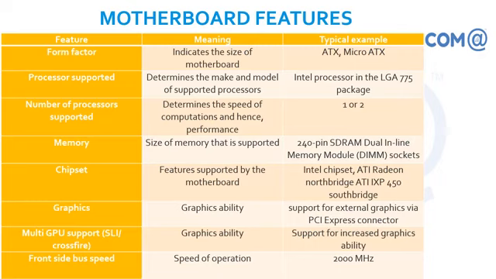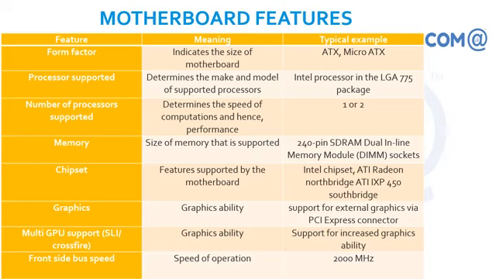The main features of a motherboard are mentioned here. When you are buying a motherboard, it is better to look into all these parameters before you get a consolidated bill or processing. Form factor indicates the size of the motherboard. We have different sizes, right? Based on the size, the overall CPU cabinet size will get reduced.